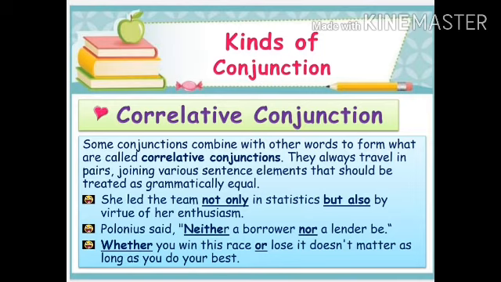For example, she led the team not only in the statistics but also by virtue of her enthusiasm. Second one, Polonius said, neither a borrower nor a lender be. Next one, whether you win this race or lose, it doesn't matter as long as you do your best.